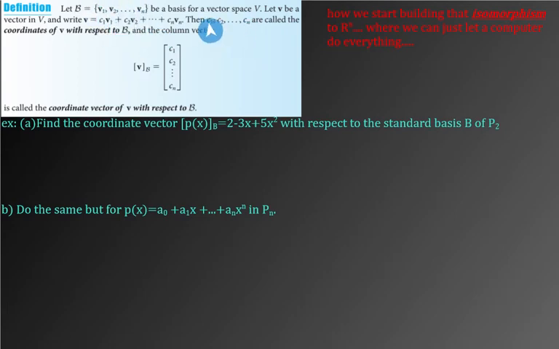And the c's that make up your linear combination are what we call the coordinates of v with respect to B. And so we can put those in here. We've seen this before.